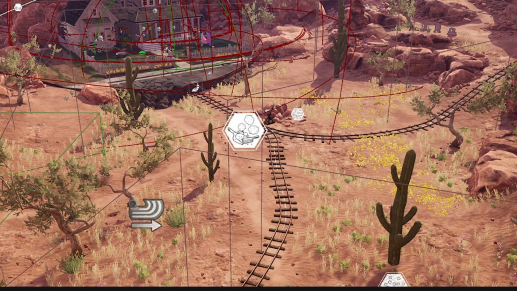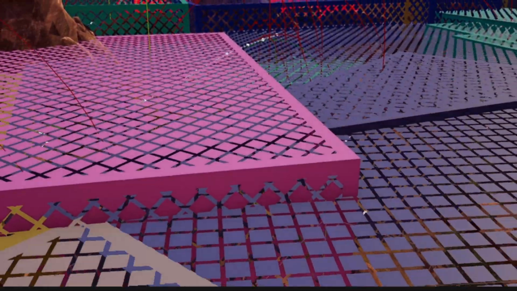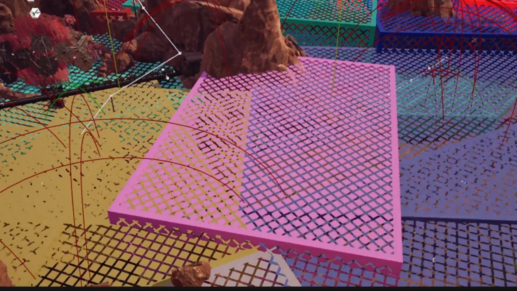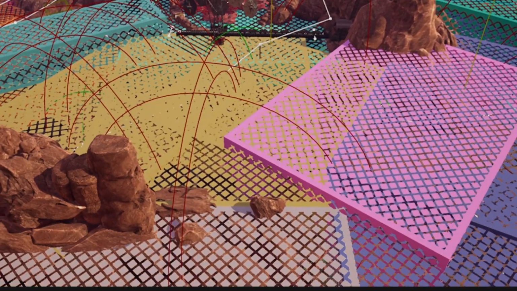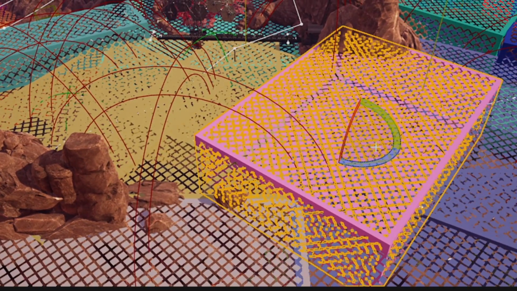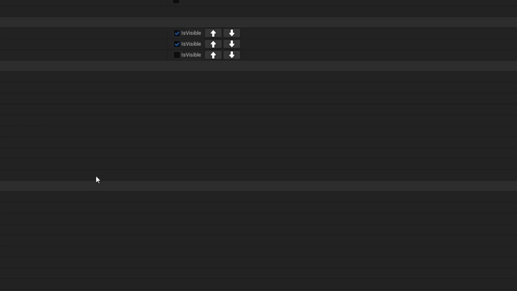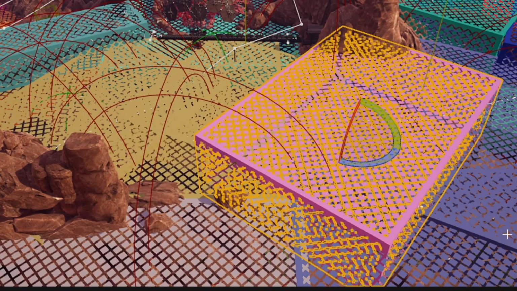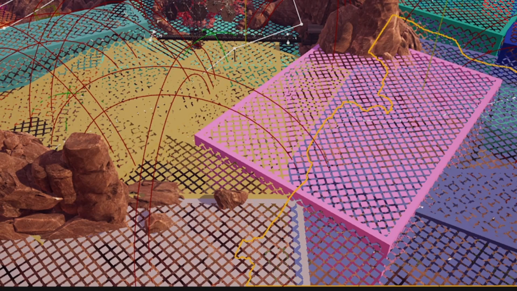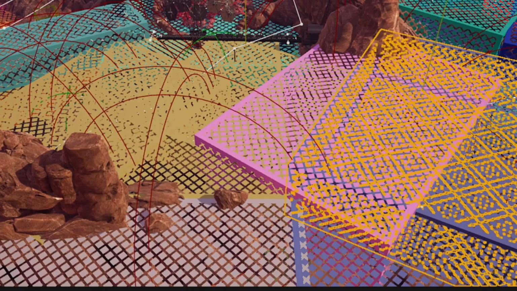One of those uses was to define how we would load our levels. We used the original slab system, but we defined these boxes with a set of little assets that tell the system what levels we want loaded and what levels we want visible, and it piggybacks on the same system.